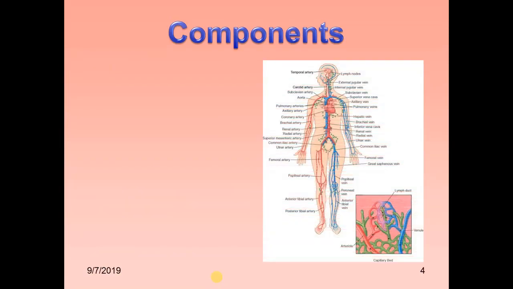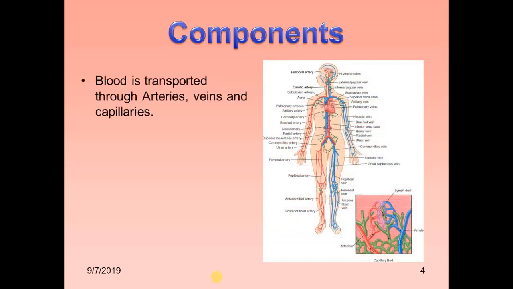The components of the circulatory system, through which blood is transported, are the arteries, veins and capillaries. There is another system called the lymphatic system.